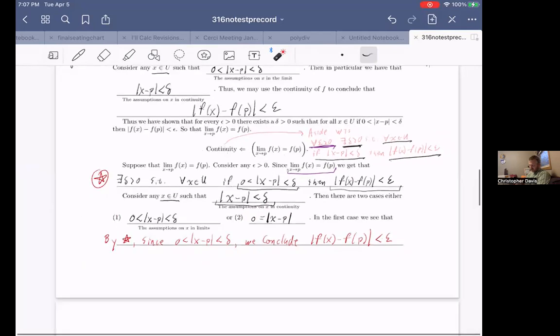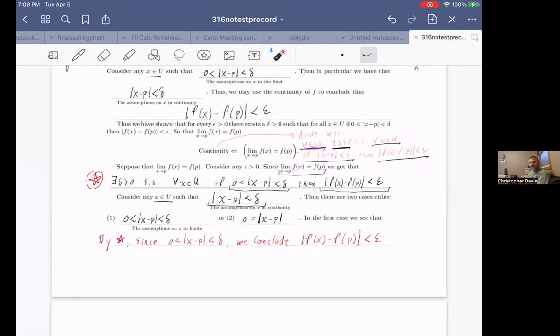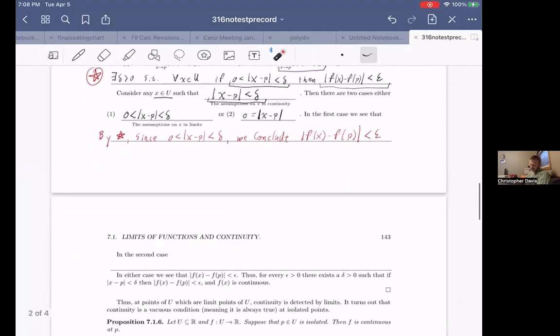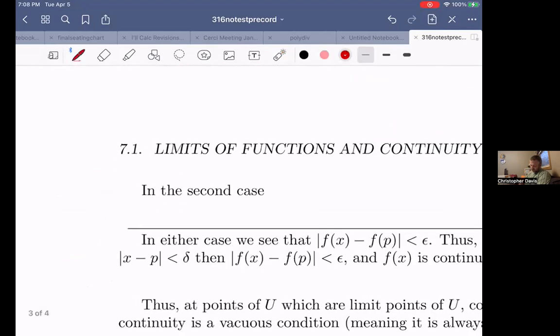So now I just need to deal with this case. So let's look at case 2. What's the only way an absolute value can be 0? Well, the only way an absolute value can be 0 is if the thing inside is 0. The only way x minus p can be 0 is if x is equal to p. In the second case, that the absolute value of x minus p equals 0, we get x equals p.